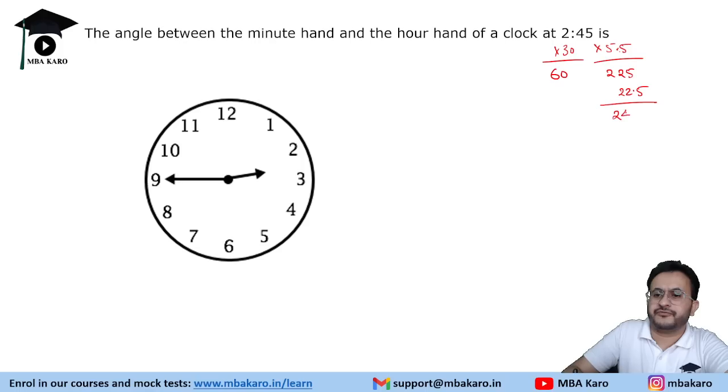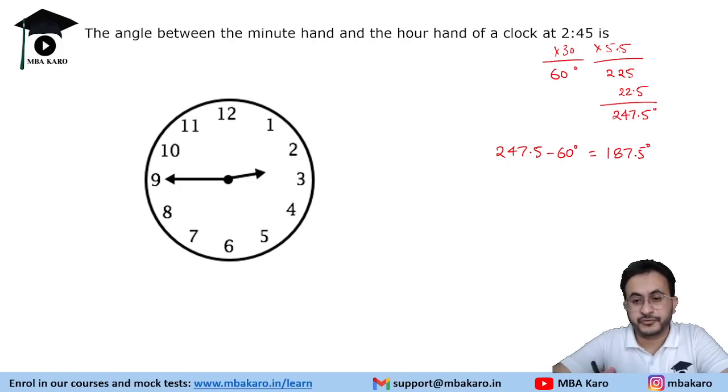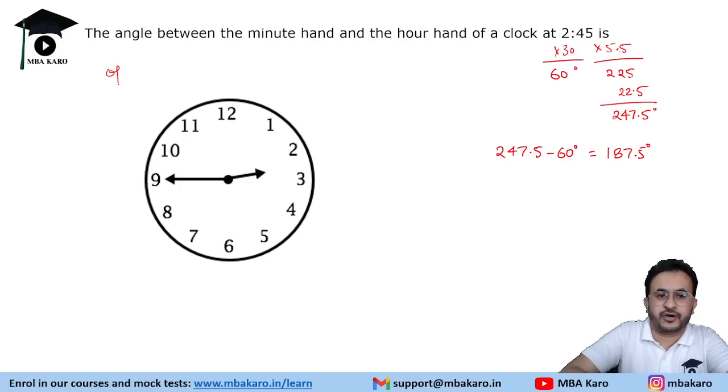So 247.5. Now when we take the difference, 247.5 minus 60, we get 187.5 degrees.